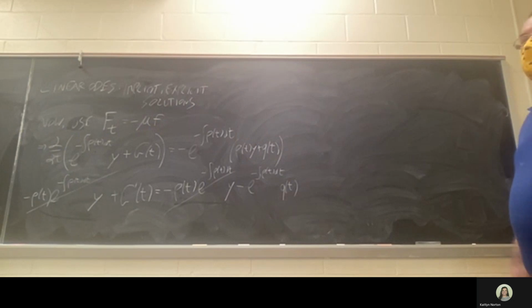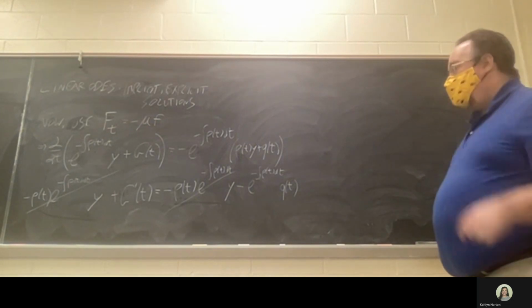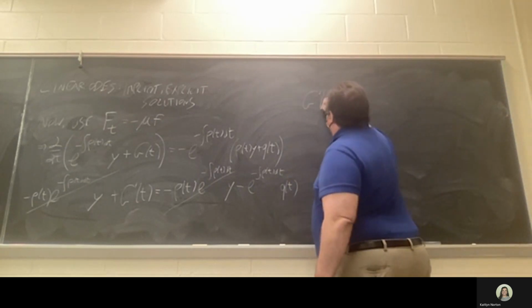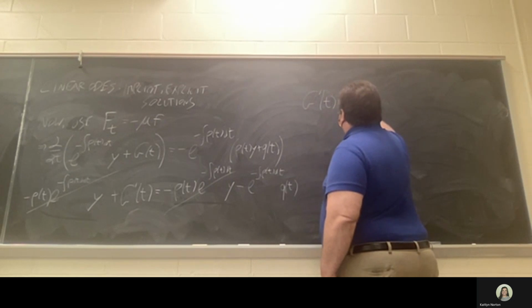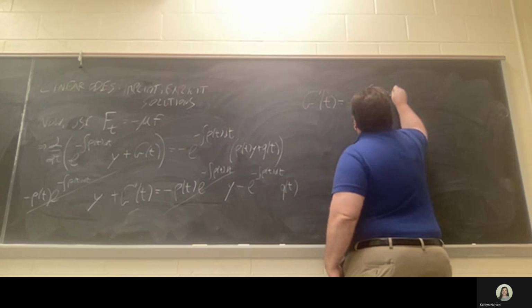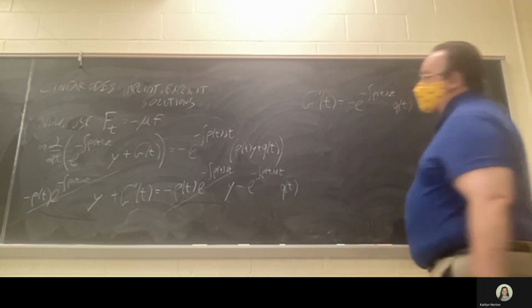When you have your integrating factor, those are the kinds of things that happen when you make use of it. So now the equation reduces to g prime of t is equal to minus e to the minus integral of p dt times q of t.